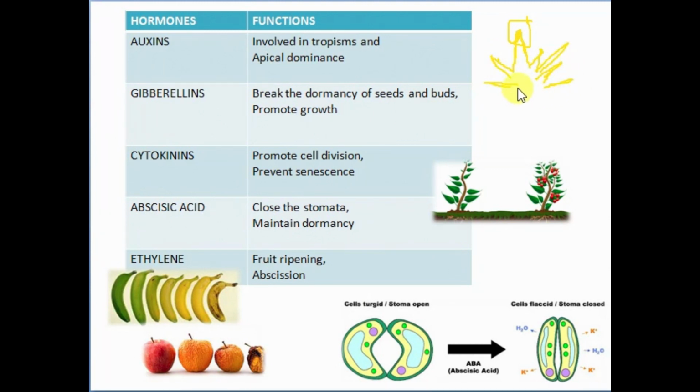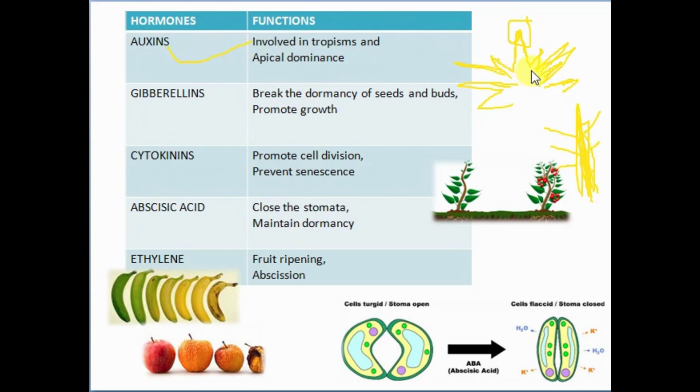So what happens because of this? We get fuller plants with more branches. And if we don't remove the tip, then the main stem will be stronger in comparison with the branches. The structure of a tree is because of auxins.